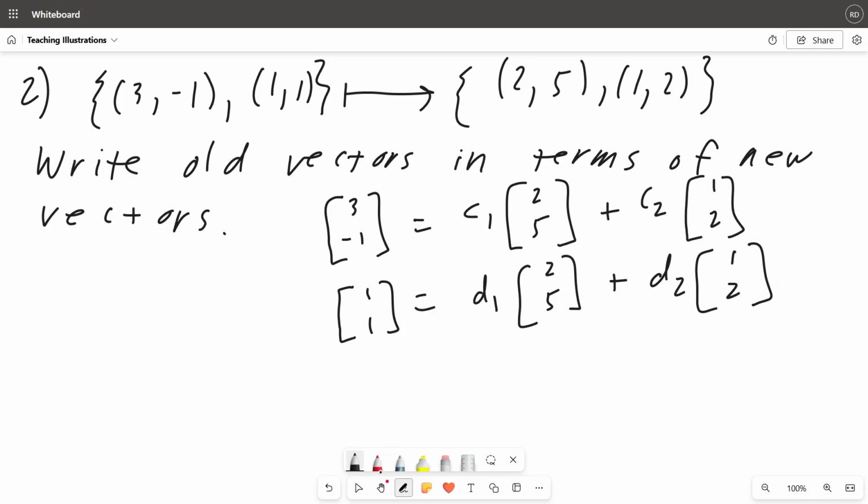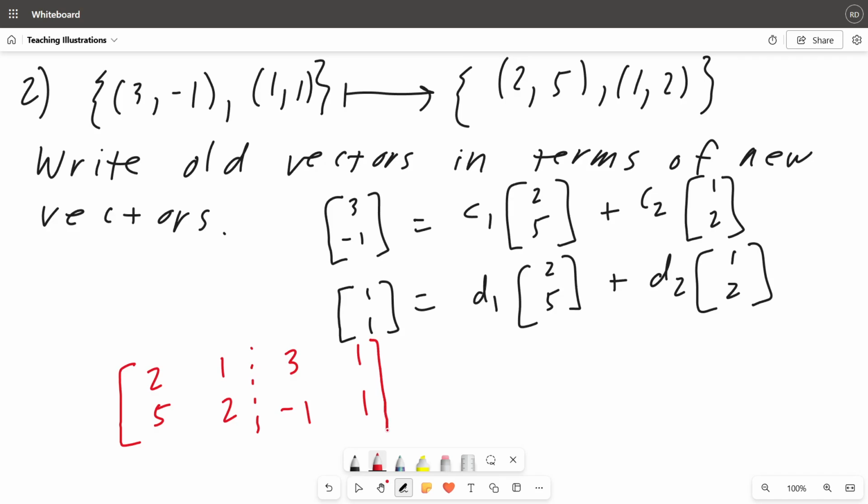So each of these, and there's more than one way to solve it, but each of these can be done as an augmented matrix. We have the coefficients 2, 5, 1, 2. And then we need to do one system where we set equal to (3, -1), another where we set equal to (1, 1). But since we have the same coefficient matrix, we can do what I might call a double augmented matrix, which would be, I'll put (3, -1), and then (1, 1).